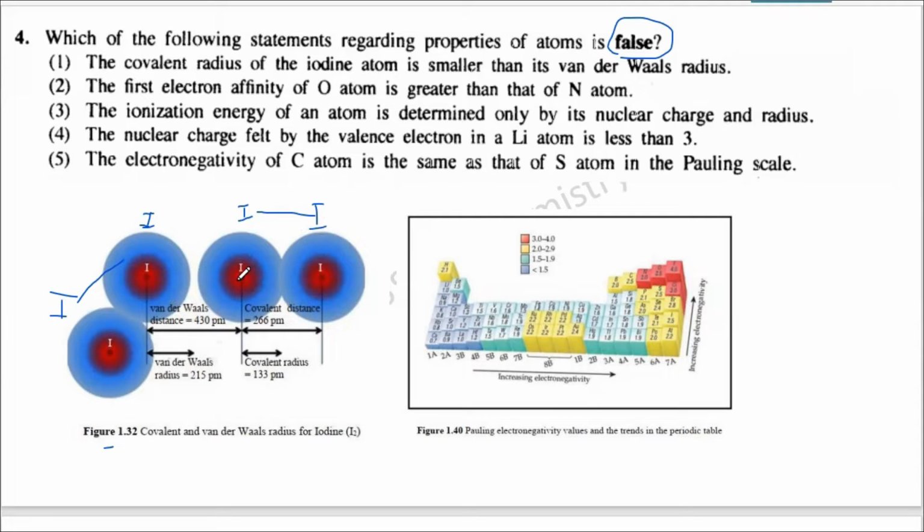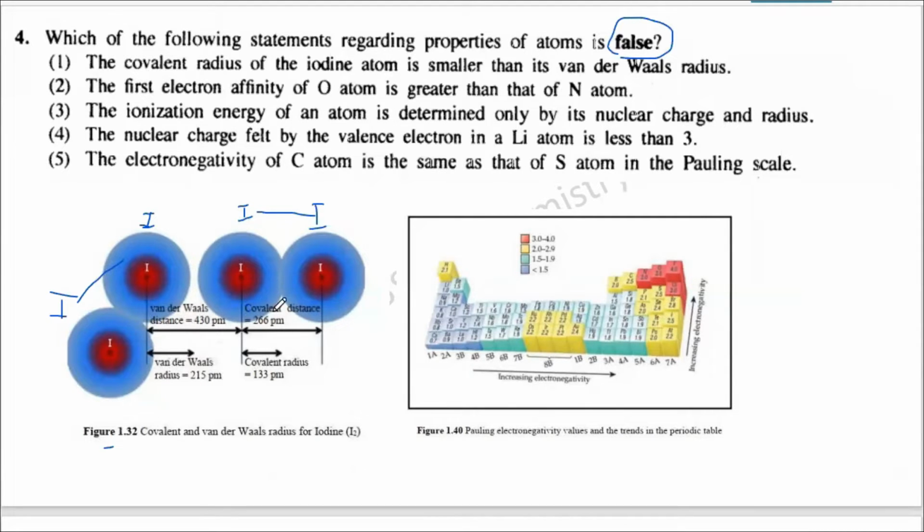So this is the bonded distance and this is the non-bonded distance. And this non-bonded distance which have the interaction between these two iodine molecules, we call this as the van der Waals interactions.